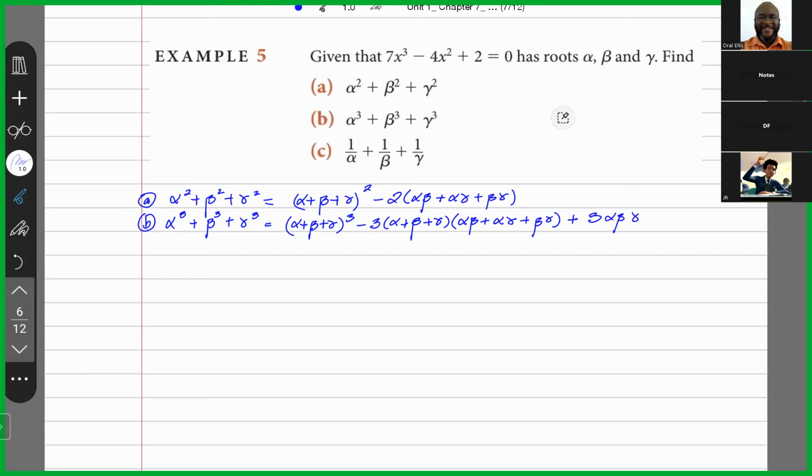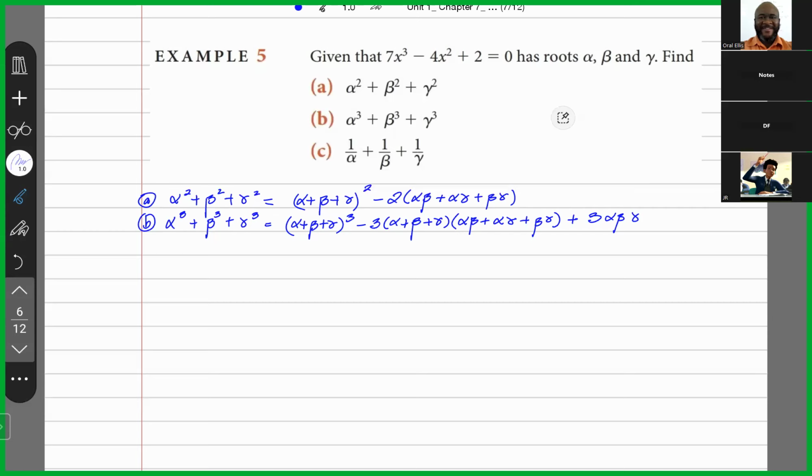So both these formulas, as you can see, require us to know what the sum of the roots is, what the sum of the products of the roots two at a time is, and what the product of the roots is equal to. Now, this we can find from equating the cubic equation with this.